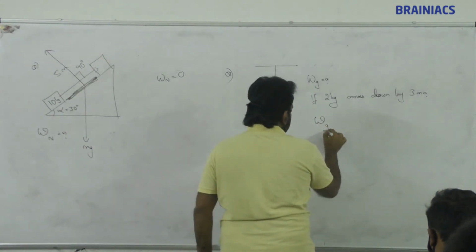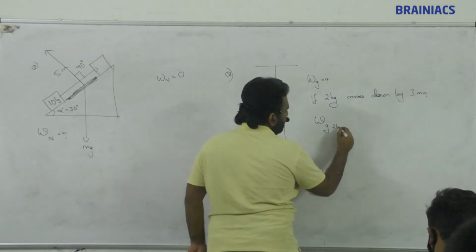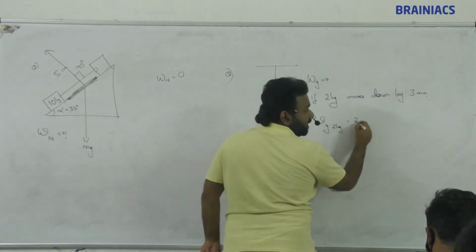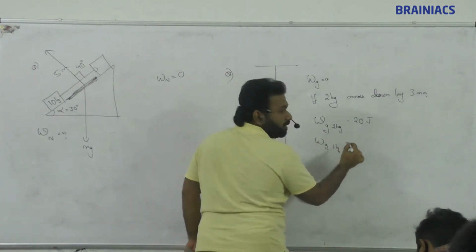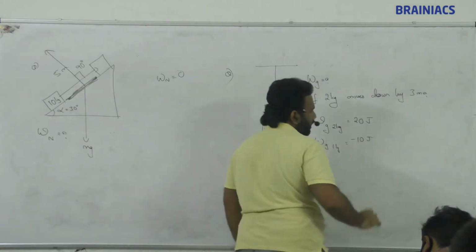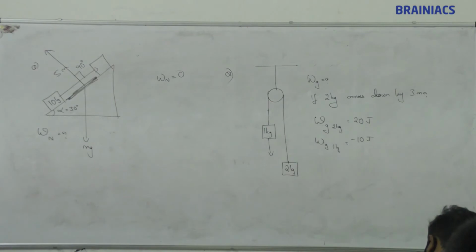Work done by gravitational force on 2 kg, how much? 20. And work done by gravitational force on 1 kg is how much? Minus 10 joules. Okay. Any other answer? 30 joules.